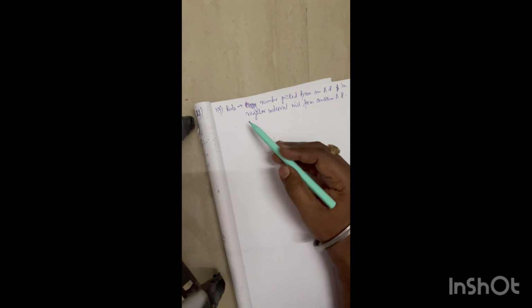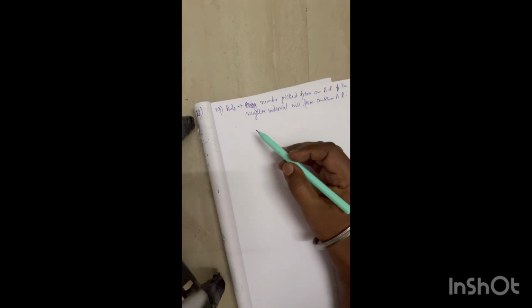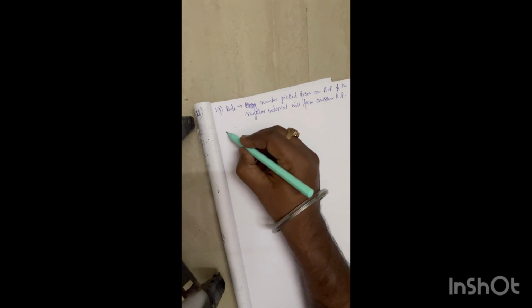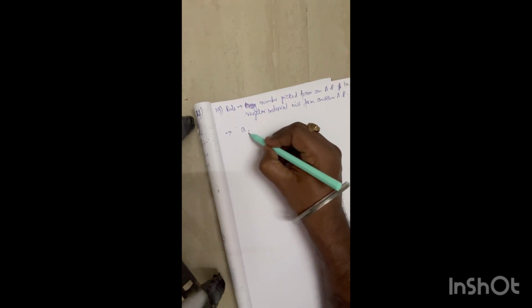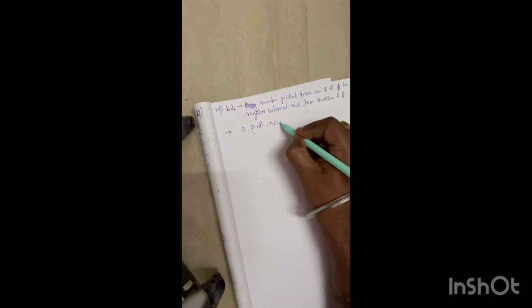I mean to say, if an AP is given and from there you start picking numbers at regular intervals, let me go with an example directly. Let the series be a, a plus d, a plus 2d, and so on, spread up to a finite term.